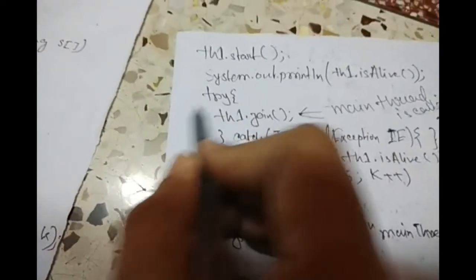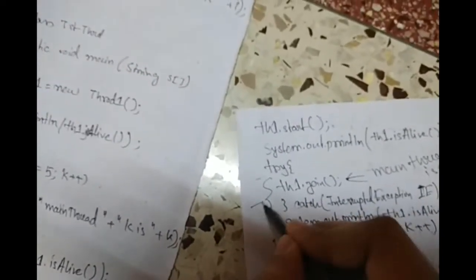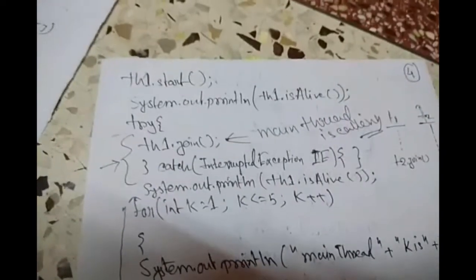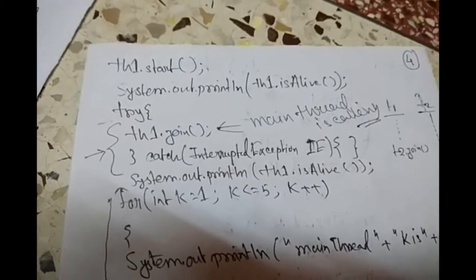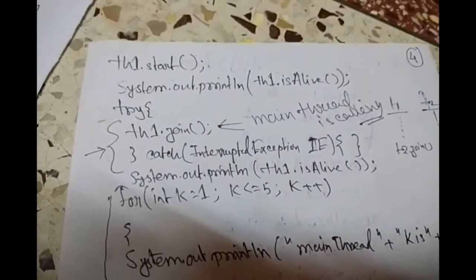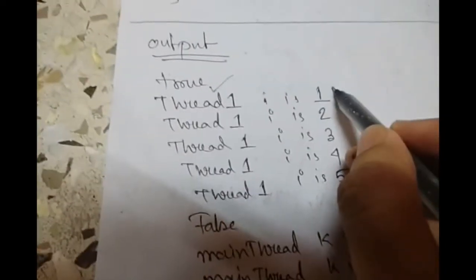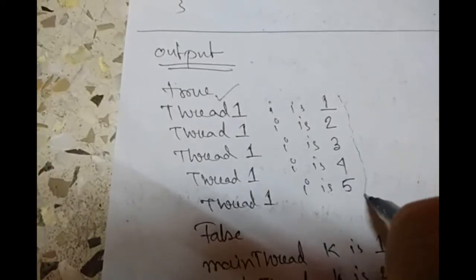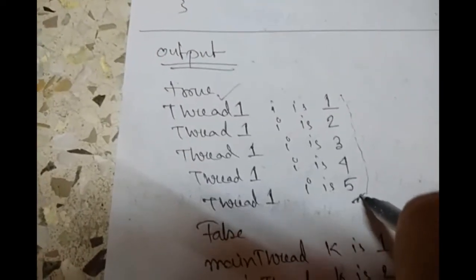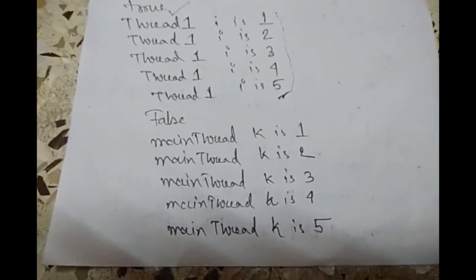And next, the main method is calling this section of code, where the main thread is waiting for thread th1 until its completion. So in that case thread 1 will complete here, and after that the main thread begins its execution.